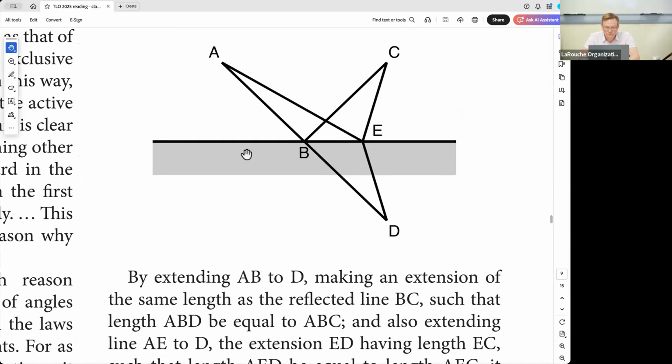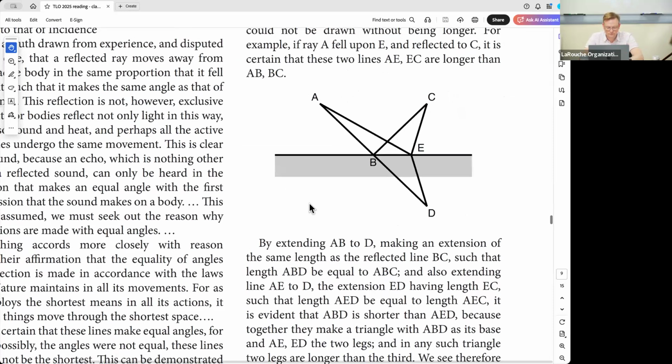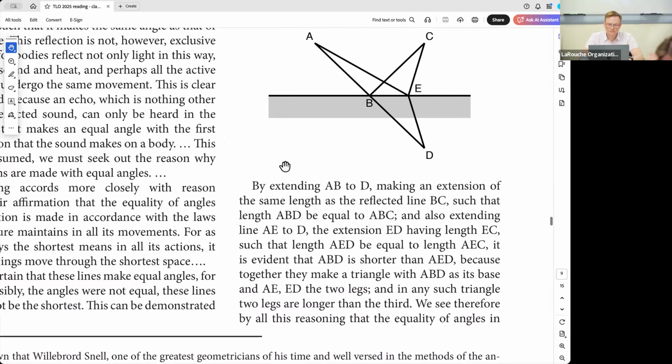By extending AB to D, making an extension of the same length as the reflected line BC, such that length ABD be equal to ABC, and also extending line AE to D, the extension ED having length EC, such that the length AED be equal to length AEC.